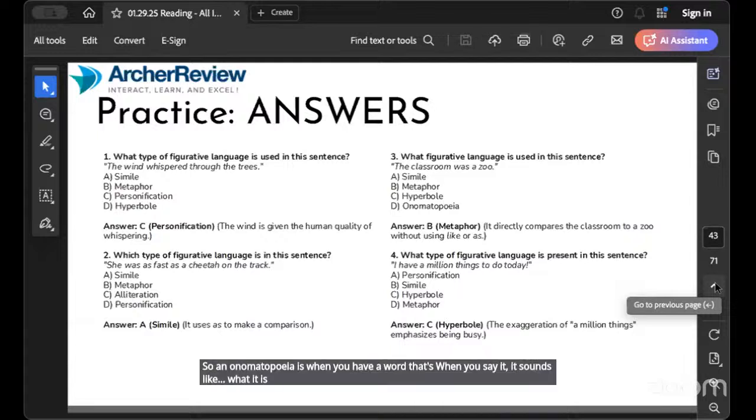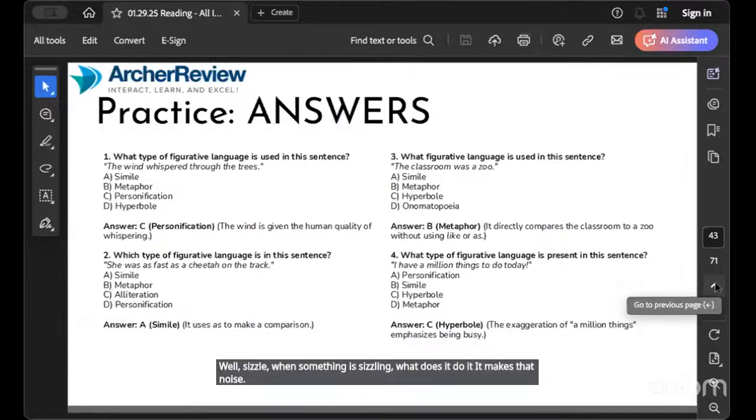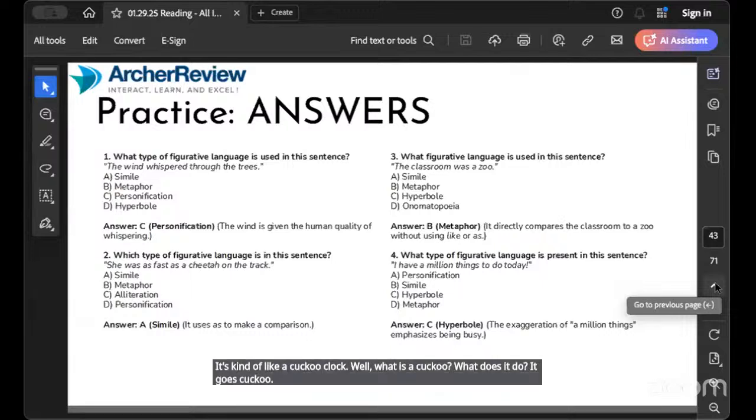Does that make sense? So like if you say sizzle, well, y'all don't make fun of me, okay? This is a judgment-free zone, right? All right, so if you say sizzle, when something is sizzling, what does it do? It sizzles. It makes that noise. It's kind of like a cuckoo clock. Well, what is a cuckoo? What does it do? It goes cuckoo, right? So that's what that is.